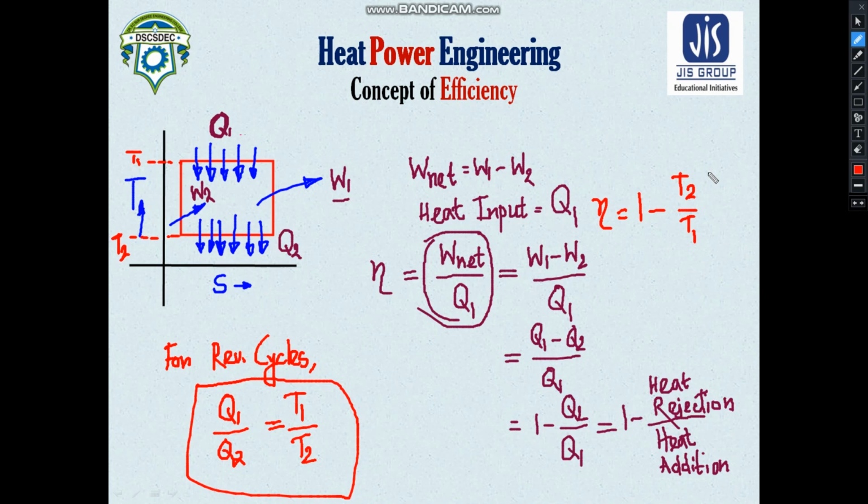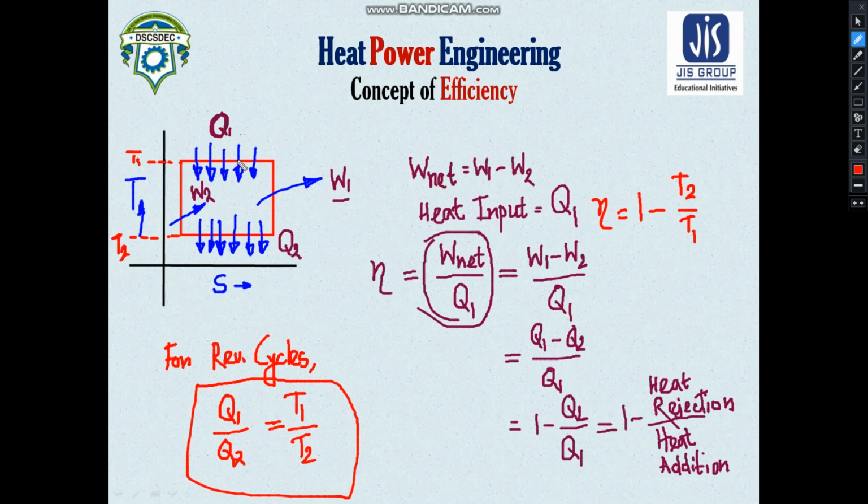Now, there are some cycles where you will find this total heat is not added isothermally. That means temperature is changing when the heat addition is taking place. So you might not think of such processes where the temperature can remain same and the heat addition can take place. Yes, this is possible for reversible heat transfer.